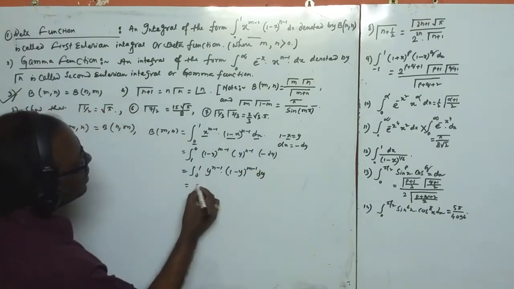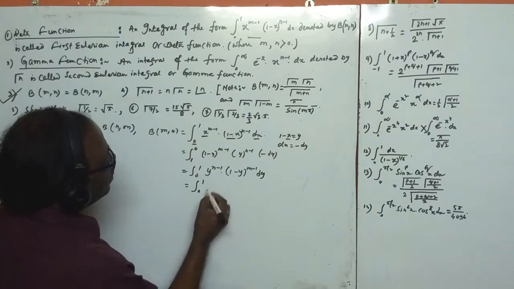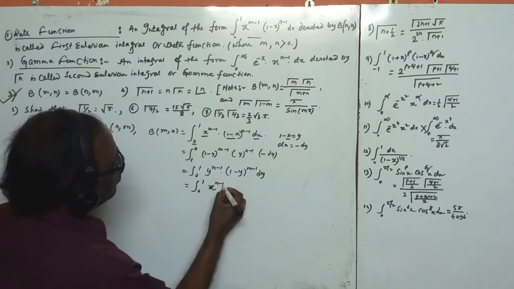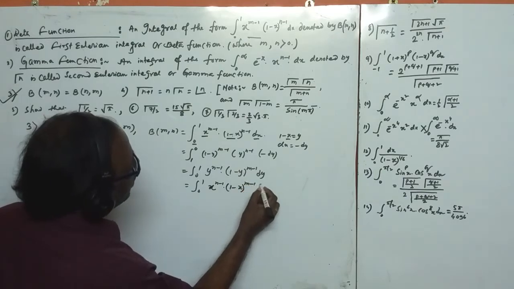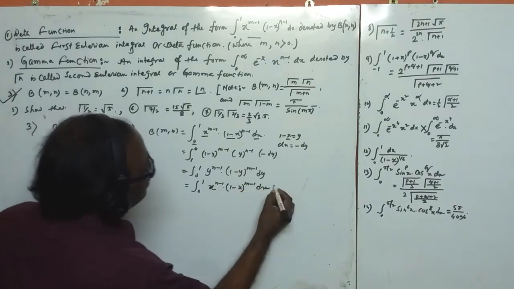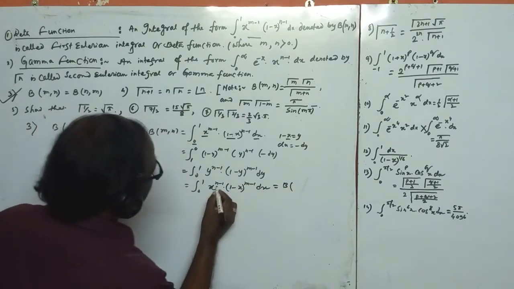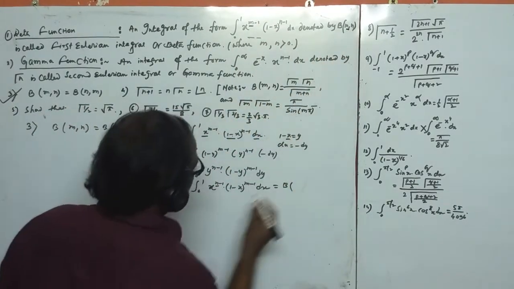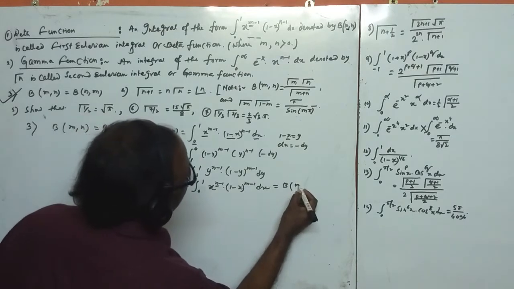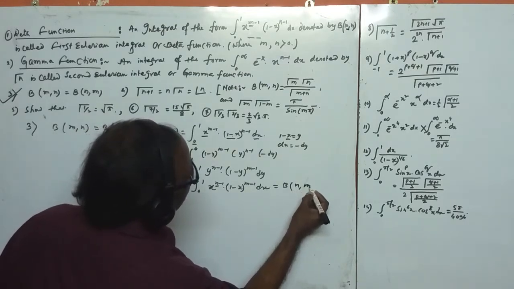It can be written as the integral from 0 to 1 of x to the power n minus 1 and (1 minus x) to the power m minus 1 dx, and this is denoted by B(n, m). So B(m, n) equals B(n, m). Okay, so it is proved here.